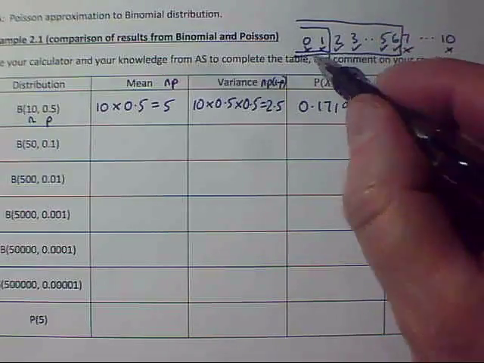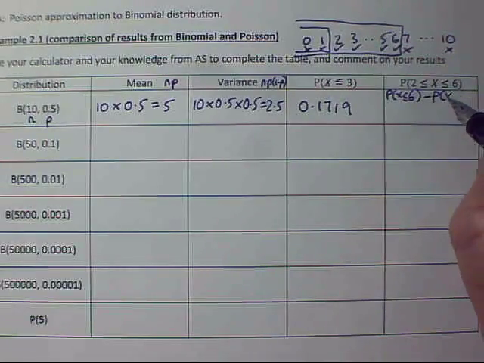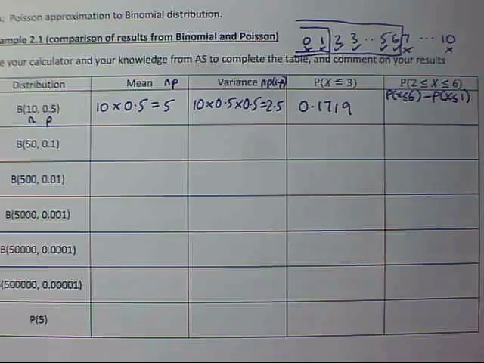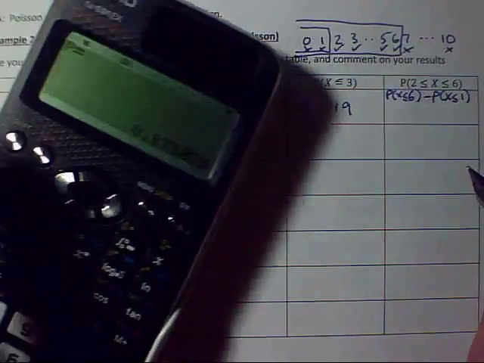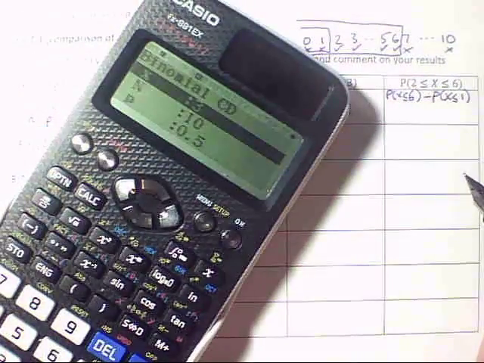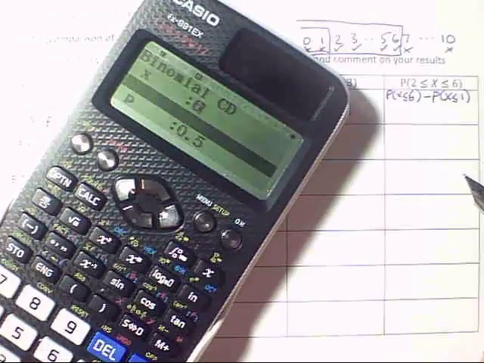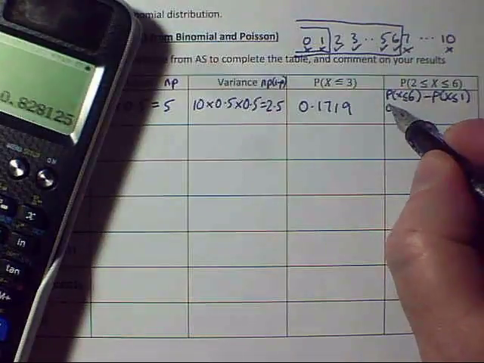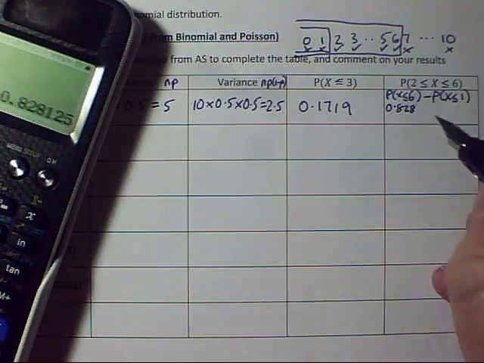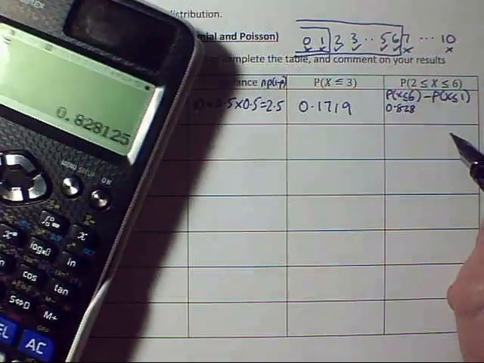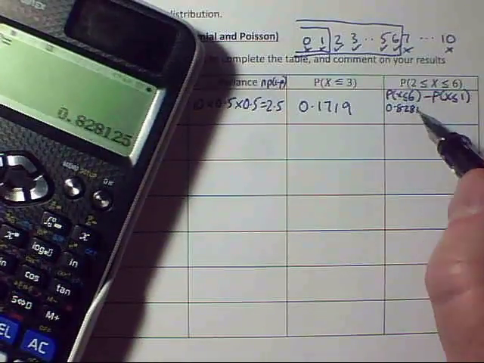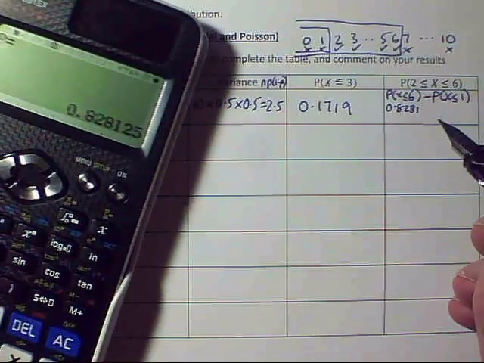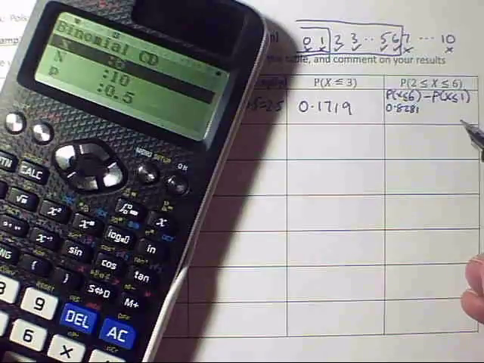And then I need to get rid of the probability of x being less than or equal to 1. So I can do that on the same screen here to get the values. Less than or equal to 6 has a probability of 0.828. Minus, well, let's do another decimal place, the probability of less than or equal to 1.